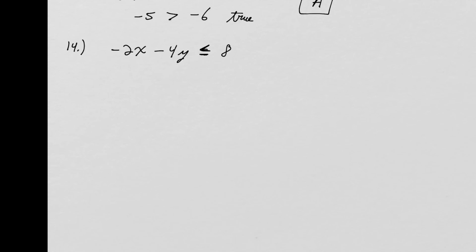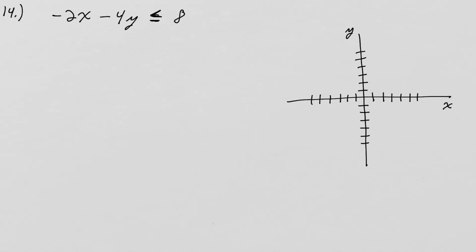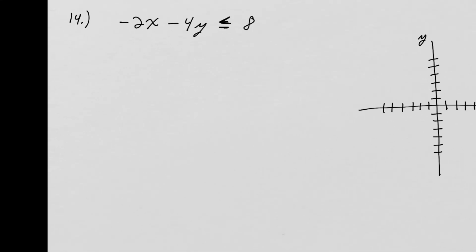All right, so let me make some room over here and draw my coordinate system. So x, y. And remember how to do this. There are several steps. The first step is to change the inequality to an equal sign.